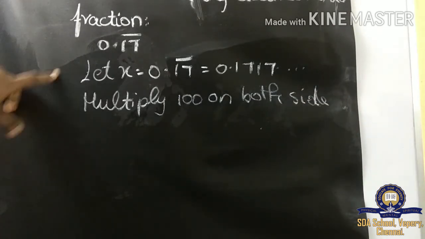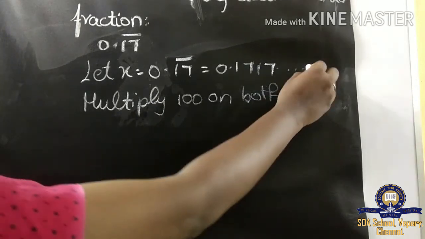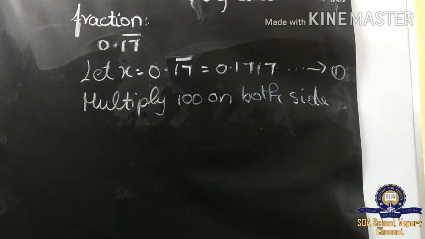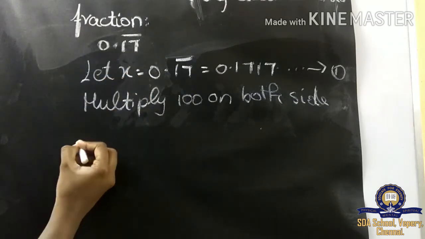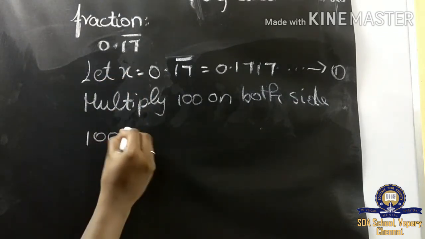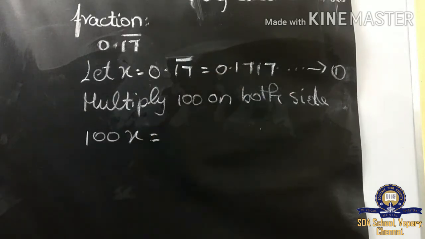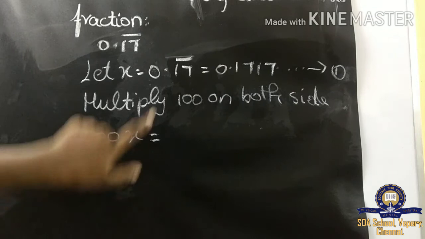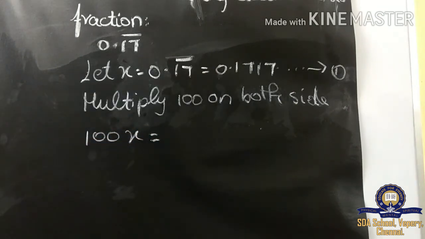Let's take this x as equation number 1, and if you multiply 100 on both sides, what will be the answer? 100x is equal to 0.1717 into 100.